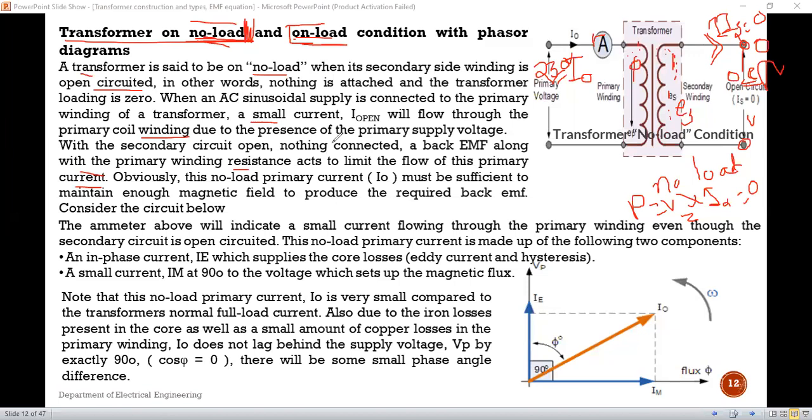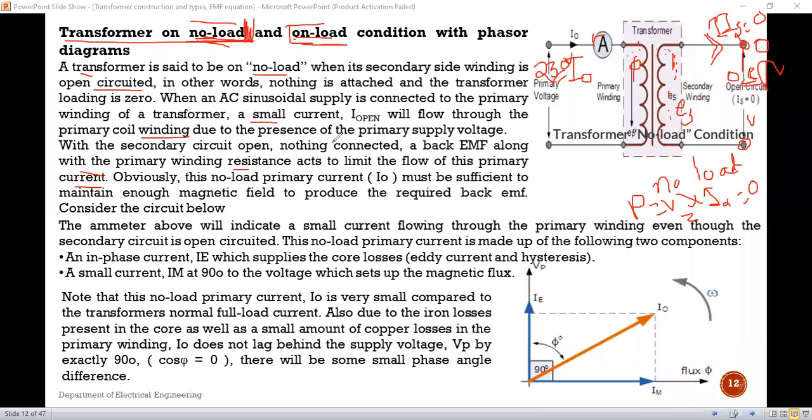So due to that, the back EMF or the induced EMF in the secondary side, along with that of the primary side, will act as a resistance to limit the flow of primary current. म्हणजे प्रायमरी करंट किती घ्यायचा याचा फ्लो लिमिट करण्यासाठी this induced EMF at the secondary side as well as the induced EMF at the primary side will provide an opposition, or a resistance, to allow only the minimum amount of current from the primary.